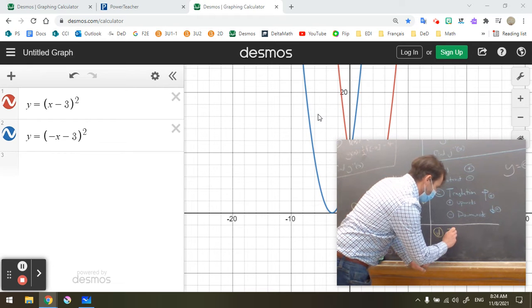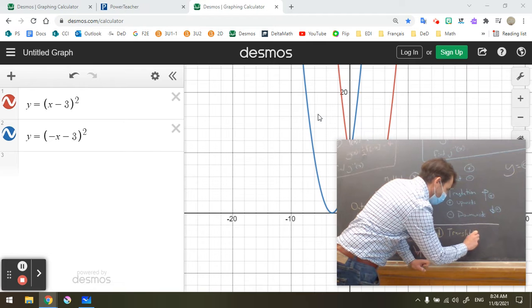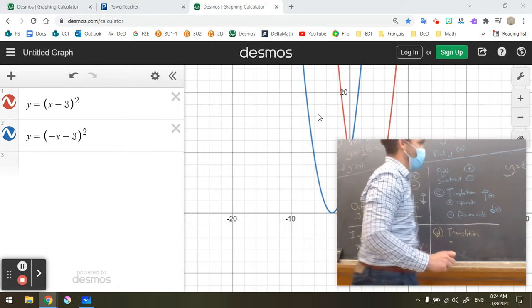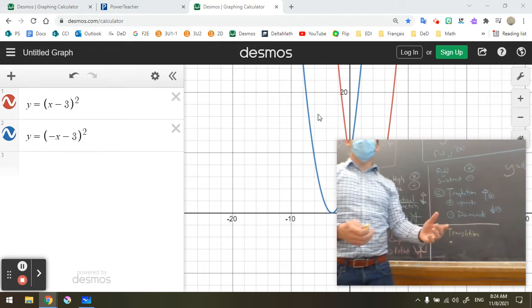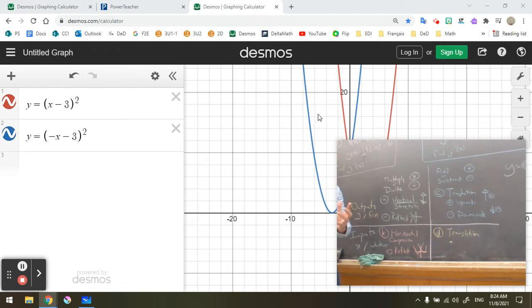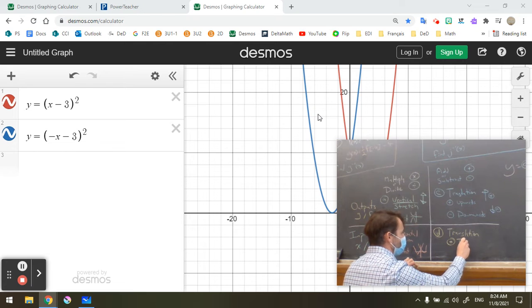This is translation horizontally. So a positive number here, if I'm ultimately doing x plus some number, that actually moves in the counterintuitive direction towards the left. So a positive number in there, D, is towards the left.